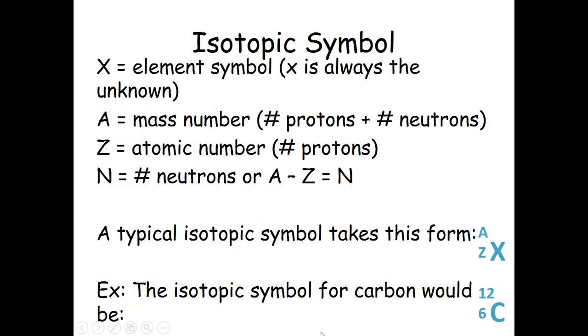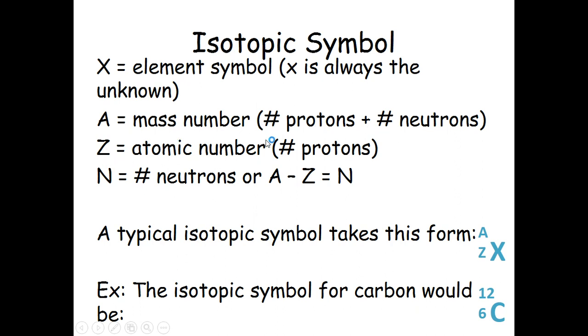The isotopic symbol is just a way that we use to write these. Here you're looking at the isotopic symbol. X is called the unknown element. A is going to be my atomic mass, which is the protons plus my neutrons.